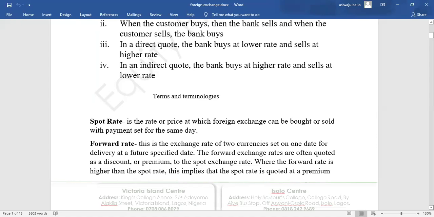When the forward rate is higher than the spot rate, this implies that the spot rate is quoted at a premium forward.